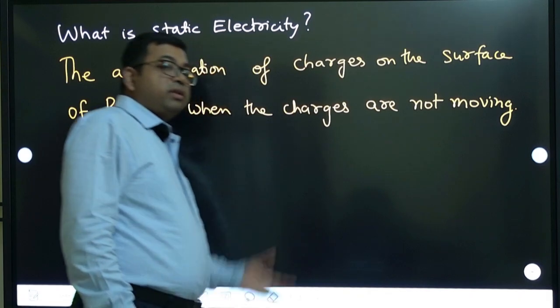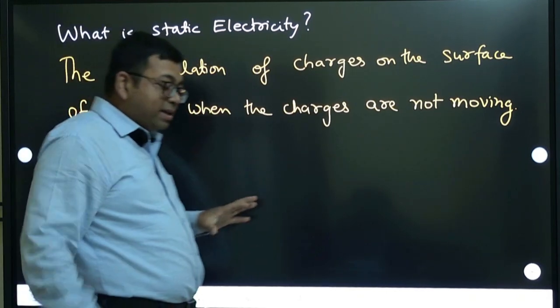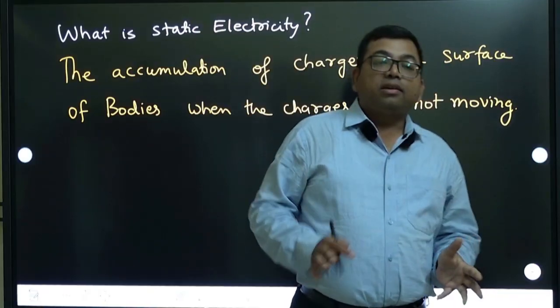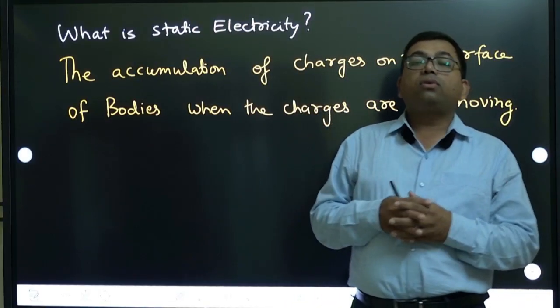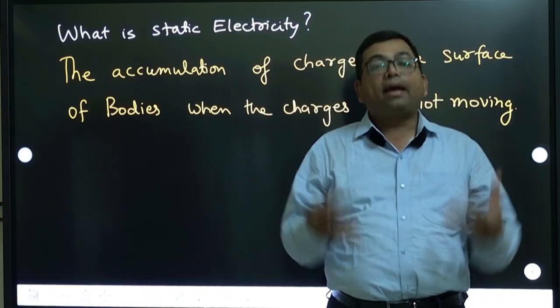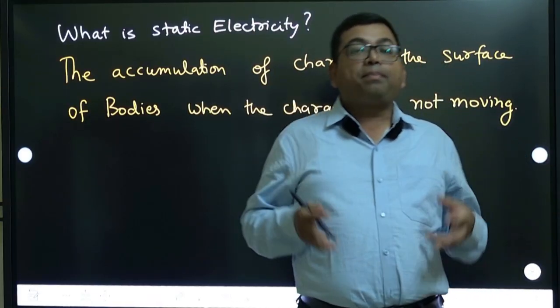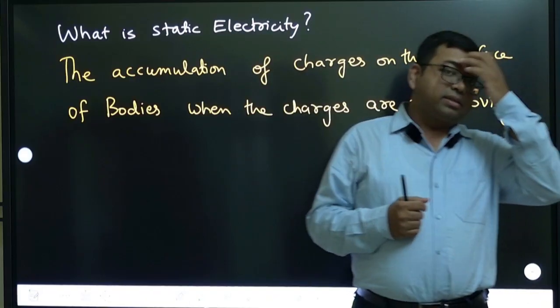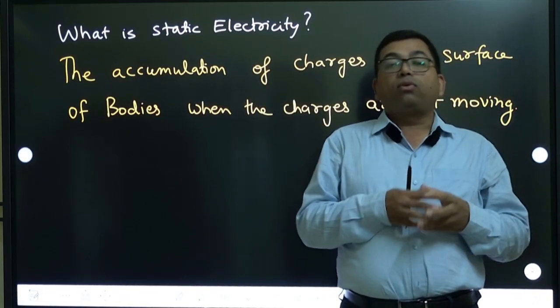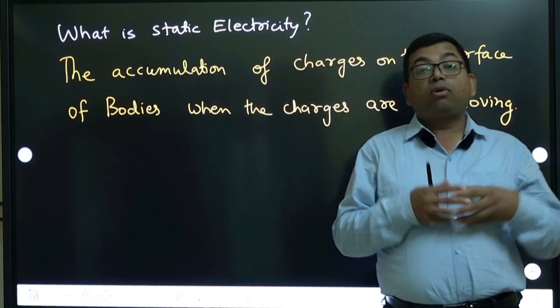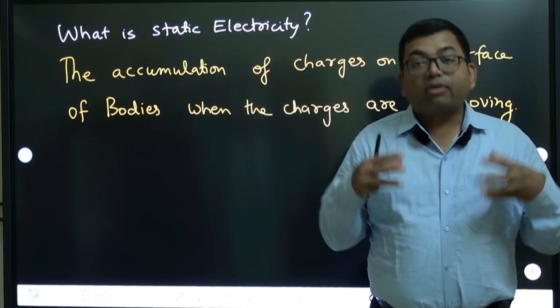That is what is static electricity. So static electricity does not involve the flow of charges. That may happen after, or that may happen due to static electricity. Charges may flow, but static electricity involves accumulation of charges.